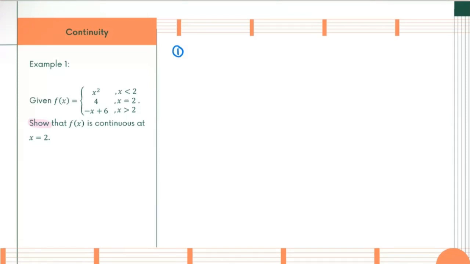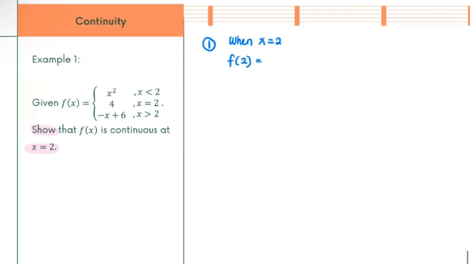So apakah maksud f(a) is defined? So kita akan cari value of f when x equals to 2. Sebabnya kat sini dia suruh kita check dekat x sama dengan 2. So when x equals to 2, so saya nak gantikan 2 dekat function yang mana satu? X square atau negative x plus 6? Siapa tahu? When x equals to 2, yes, betul.